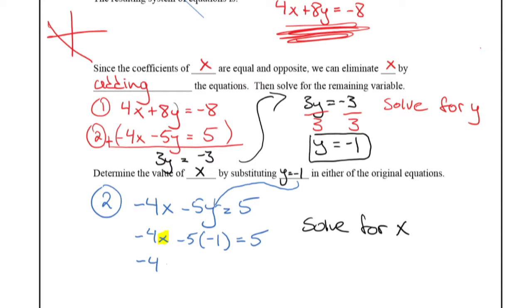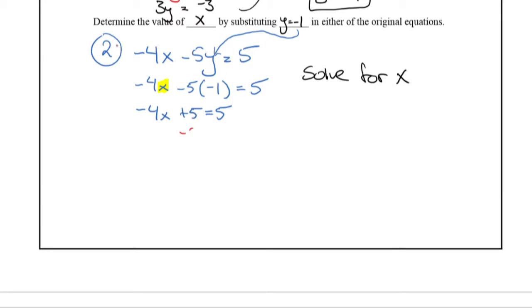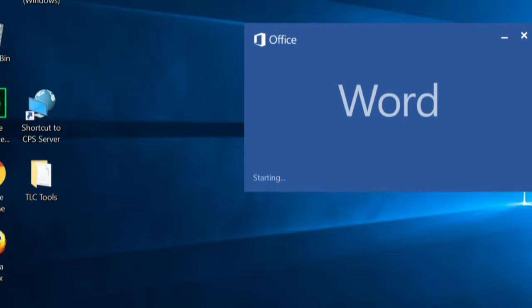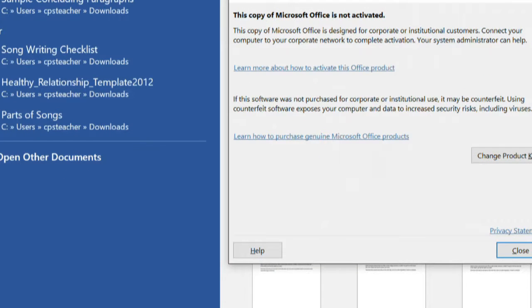If negative 4x plus 5 is equal to 5, I'm going to subtract 5 from both sides.